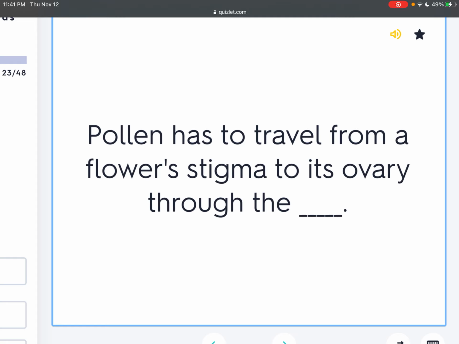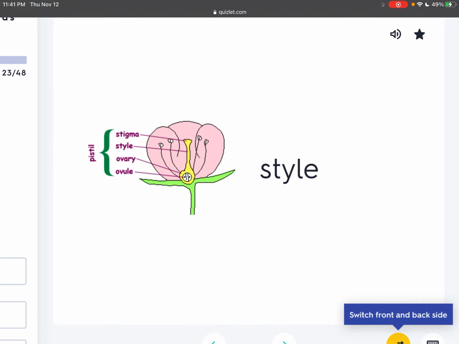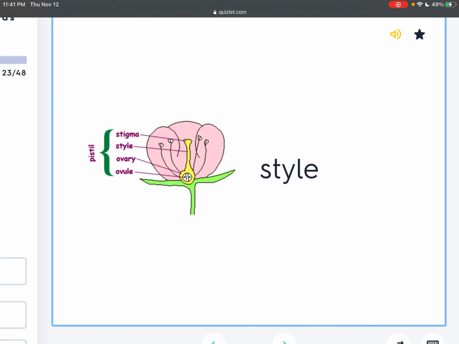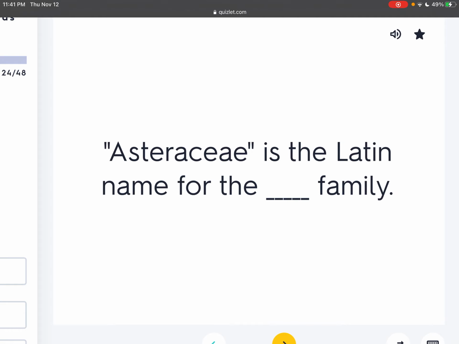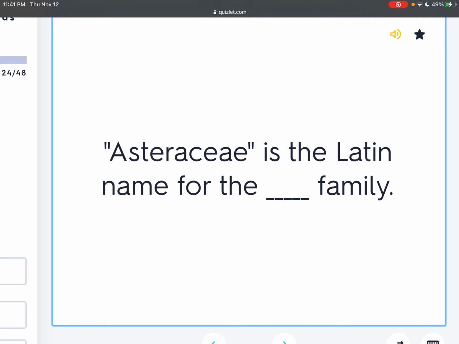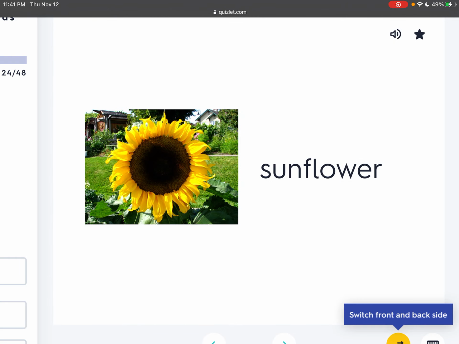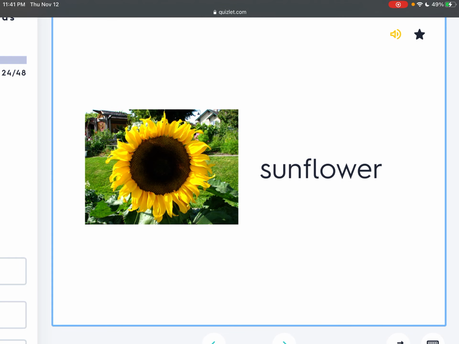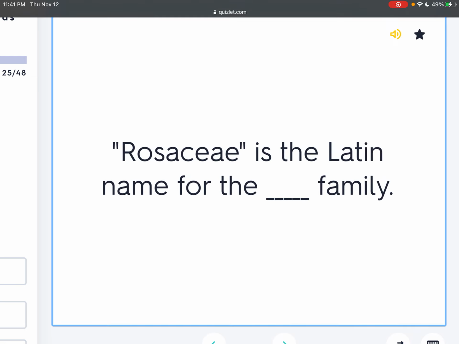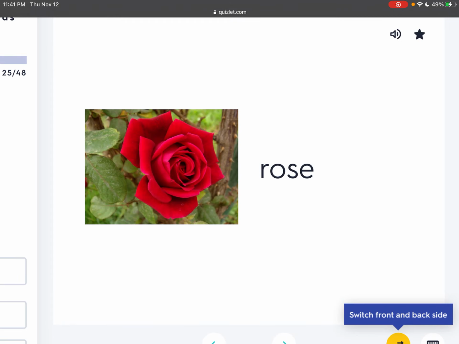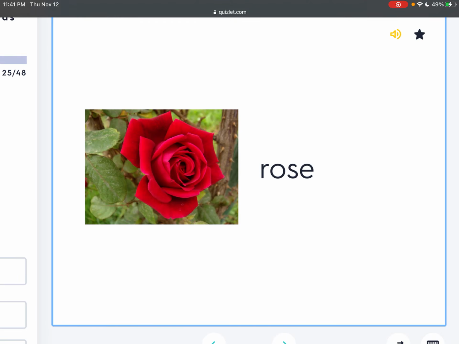Pollen has to travel from a flower's stigma to its ovary through the blank. Style. Asteraceae is the Latin name for the blank family. Sunflower. Rosaceae is the Latin name for the blank family. Rose.